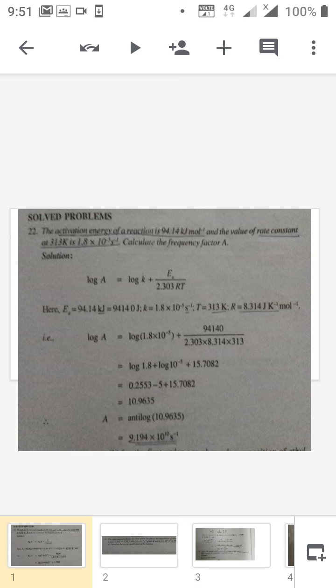Then substitute the value of EA, the value of K, and the values of R and T. T is also given, 303 Kelvin. And R we know is 8.314. So do the direct substitution and calculate the value. We will get 9.194 into 10 to the power 10 second inverse. The unit of A is second inverse.